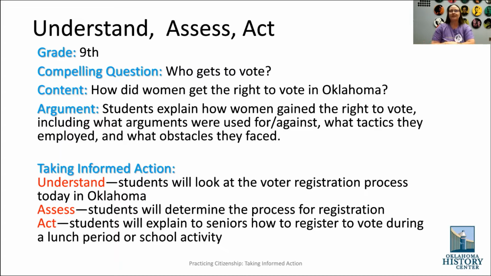So they're not ready to vote, of course, but they can maybe during a lunch period or outside a school activity be available at a table to explain to seniors how to register to vote. And so that would be an example of being an active citizen, and it would be a good example of taking informed action.